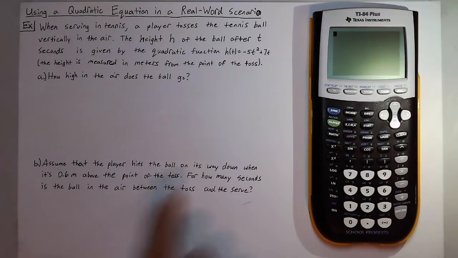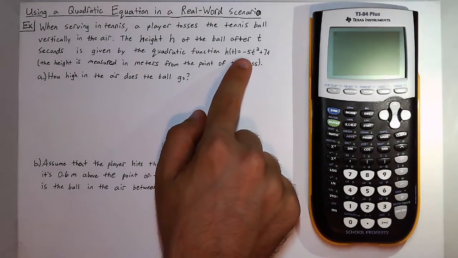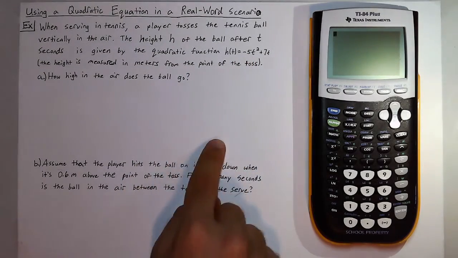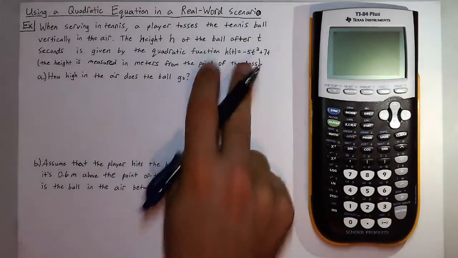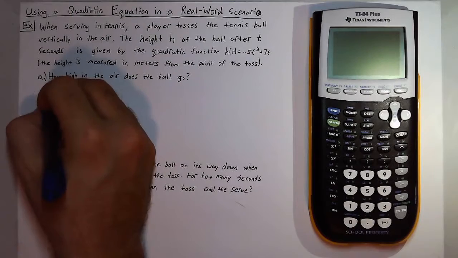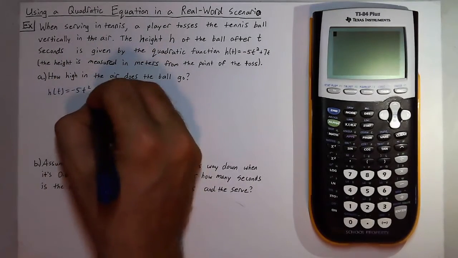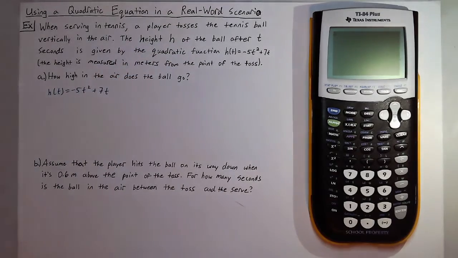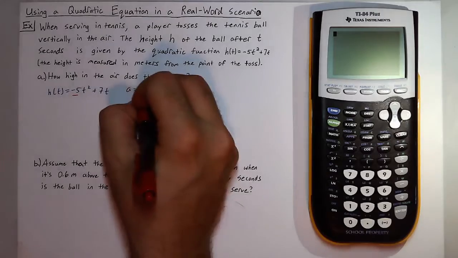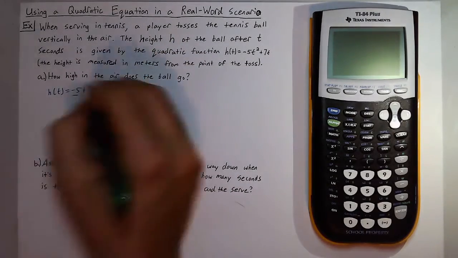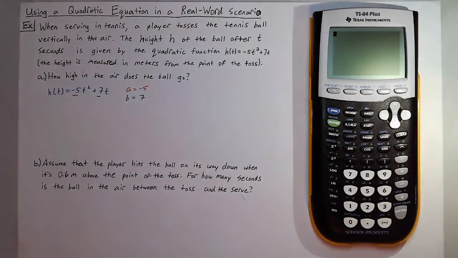Now, its highest point on a parabola, especially here with a being negative, means we have a downwards parabola. The highest point is at the vertex. So when I see this equation, h of t is equal to -5t squared plus 7t, I can tell that a is equal to -5, b is equal to 7, and c would be equal to 0.